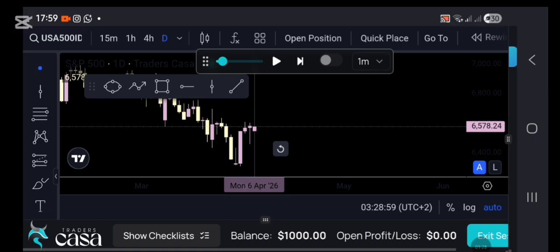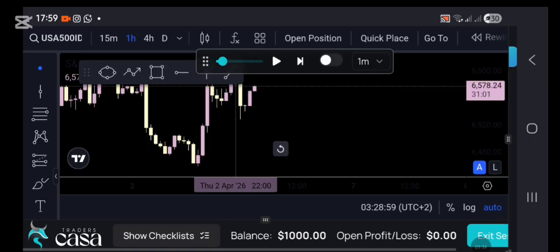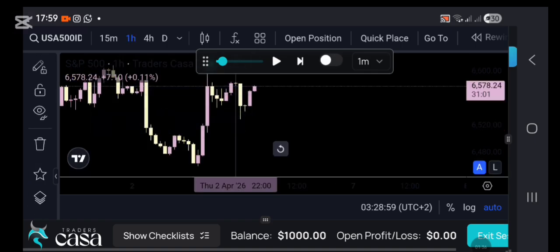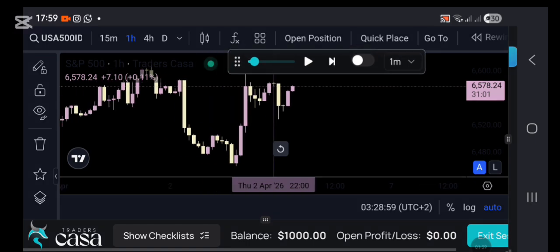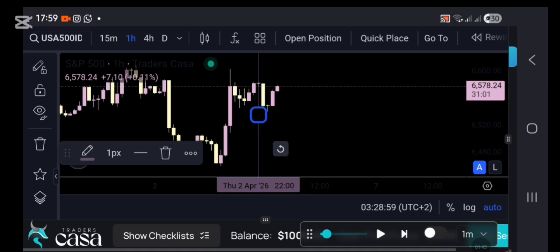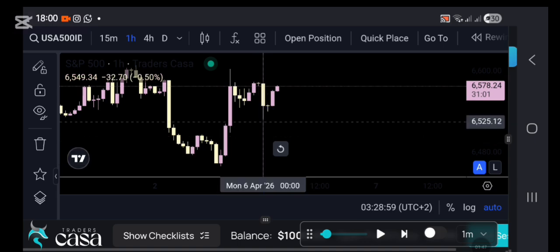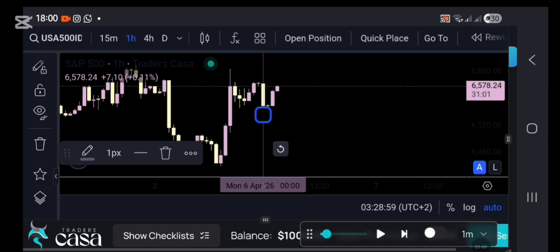Once we go to the daily time frame, the second step is we are going to go to the 1 hour time frame. Why do we need to go to the 1 hour time frame? Clearly because we need to refine our vertical line.